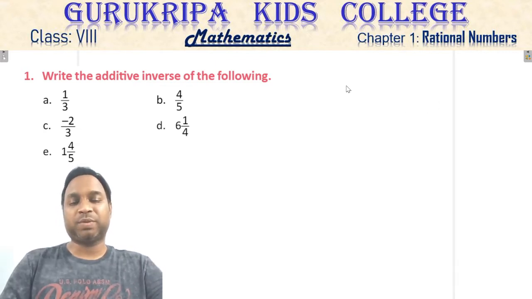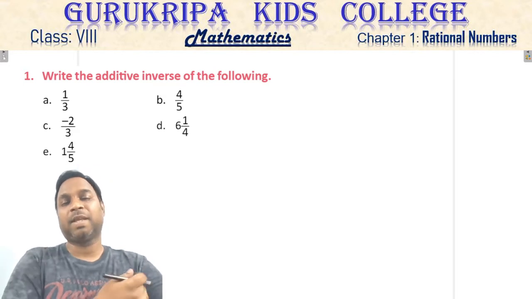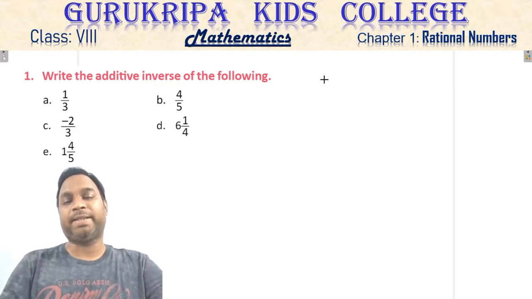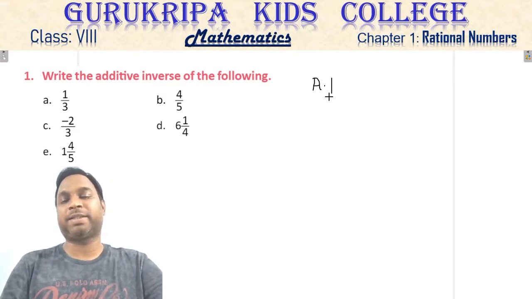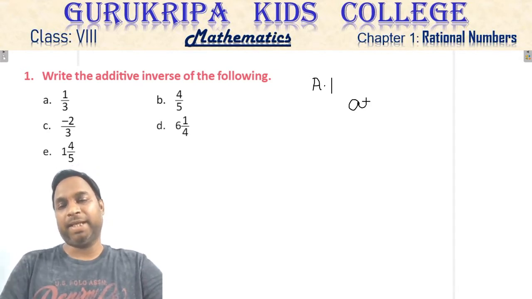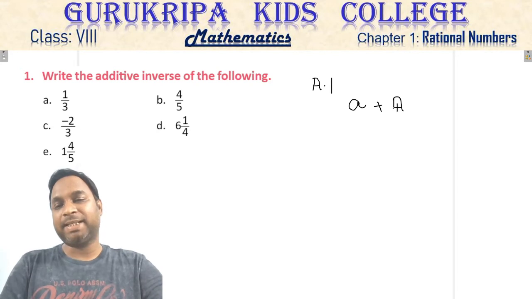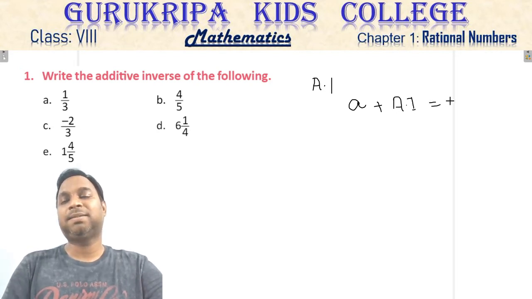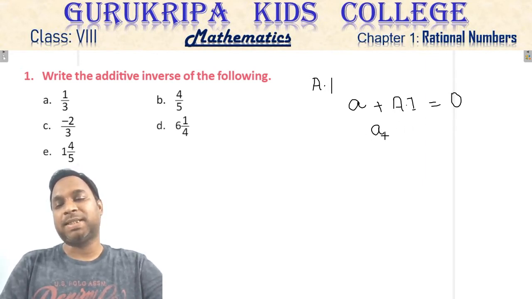Do you remember what the additive inverse was? I'll just quickly tell you once again. Let's say AI is the additive inverse. Take any number A. If you add this additive inverse AI to it, what result should you get? 0. So from here we need to calculate AI.